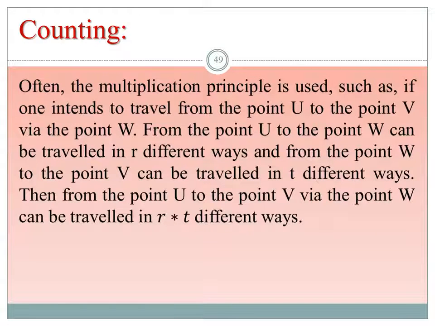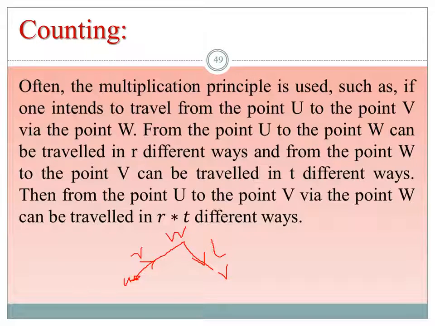All right, so first of all, what is counting? Often the multiplication principle is used, such as when one intends to travel from point U to point V via point W. For example, this is U, this is V, this is W. So we go from U to W, then W to V. From point U to point W can be traveled in R different ways, and from W to V in T different ways.